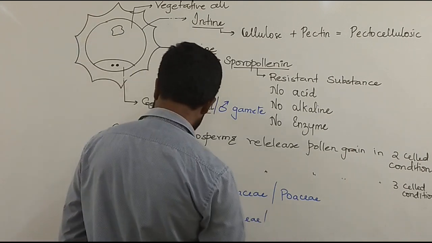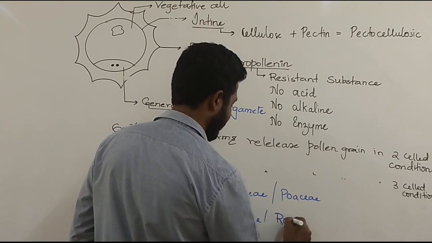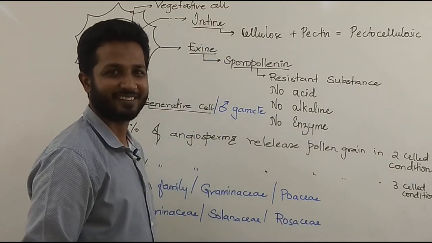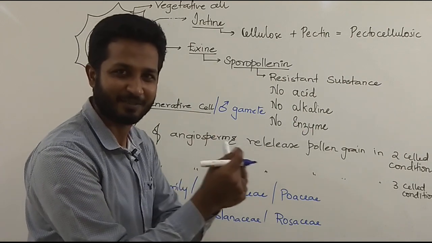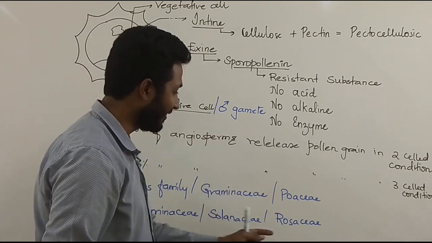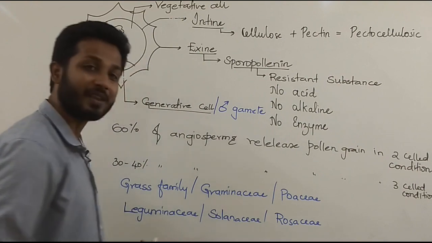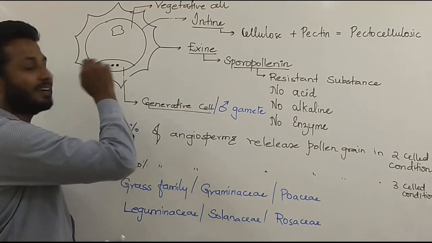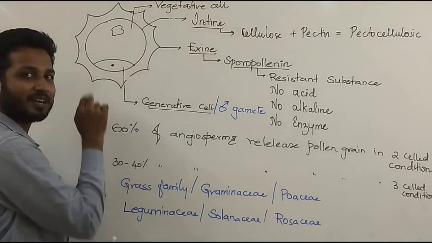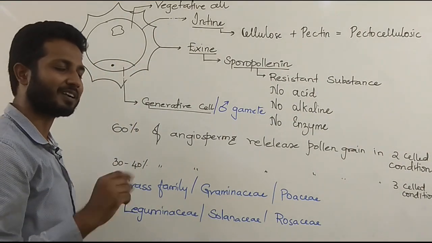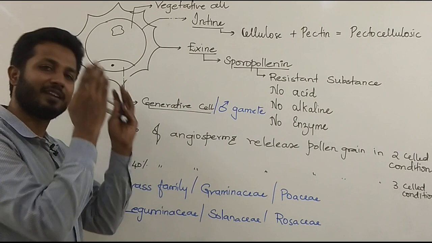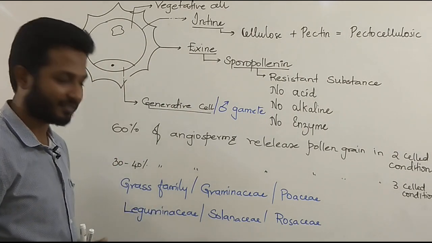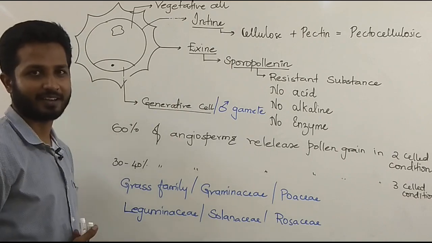Then you have Rosaceae. Oh, rose is very important. Right? There is one auspicious day on which people give rose. So, Rosaceae, Solanaceae, Leguminaceae. These members will produce pollen grain in two-celled condition. When they release it in two-cell condition, this pollen grain can live for 6 months without any problem. Okay? This is about pollen grain.